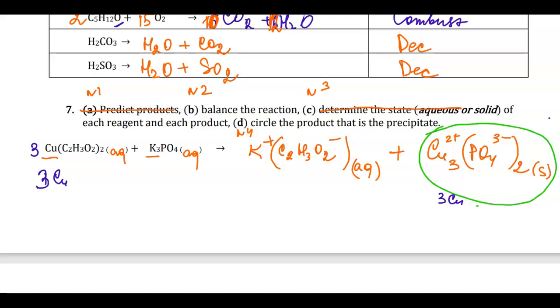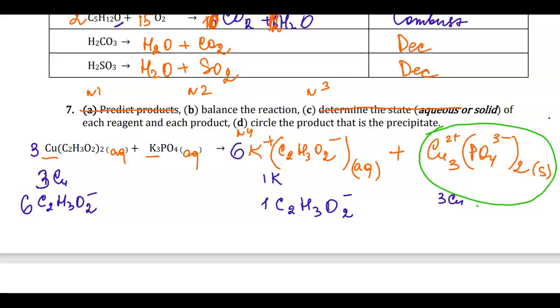Okay, but now I have this unit, C2H3O2, 2 times multiplied by 3, so 6 of them, right? And here I have only in this compound 1 potassium and 1 C2H3O2, right? Negative, I can use charge, of course. But I need 6 of them, correct? So I will put coefficient 6 here.